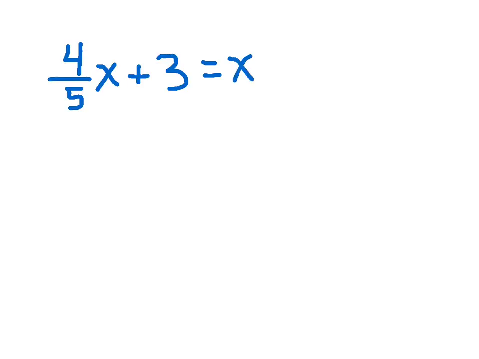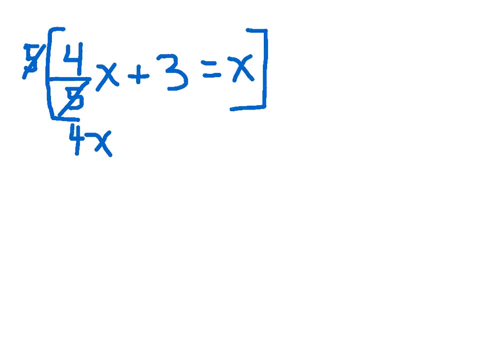Well, hopefully by now we've gotten comfortable with the idea of the fraction destroyer, meaning if I multiply the entire equation by this 5, I can then destroy this fraction, giving me 4x, but every term also needs to be multiplied.